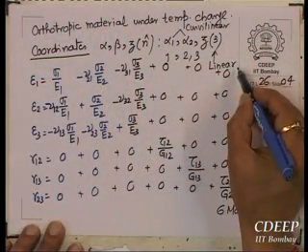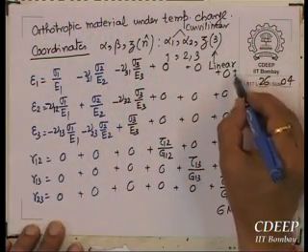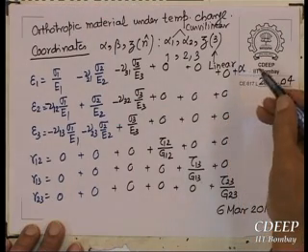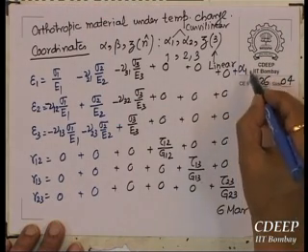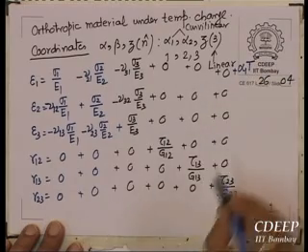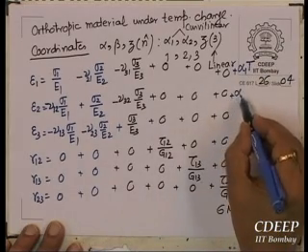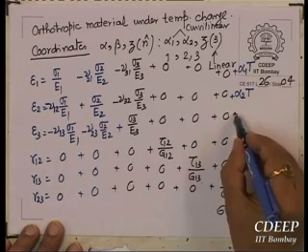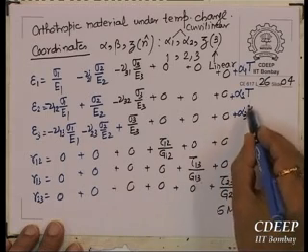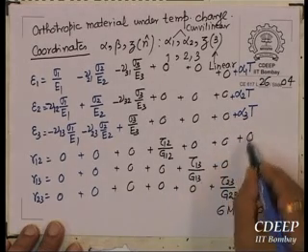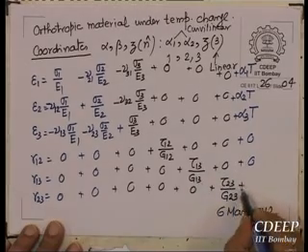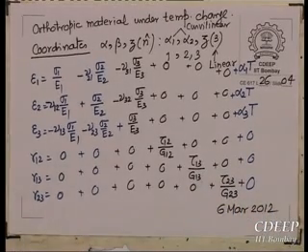So that will affect only the first three. So it will be alpha 1, if the coefficient of thermal expansion is alpha 1 and the rise in temperature is T, so alpha 1 T, alpha 2 T, alpha 3 T, 0 0 0.